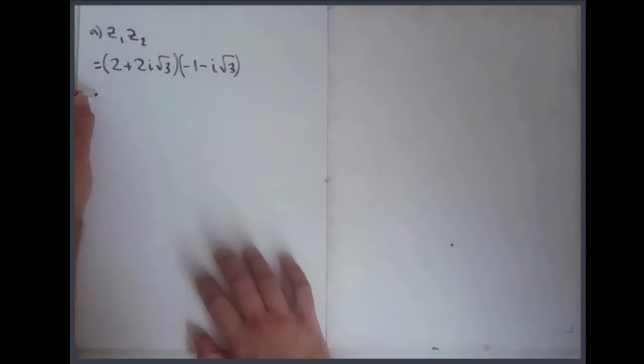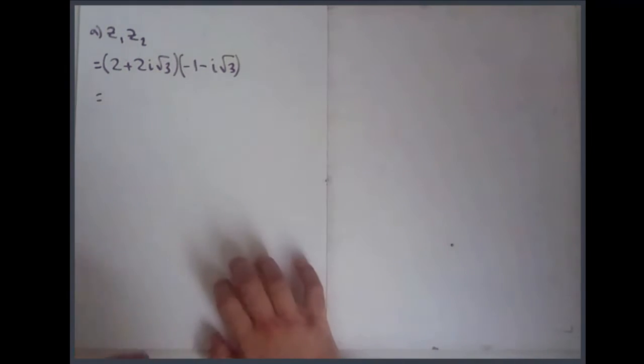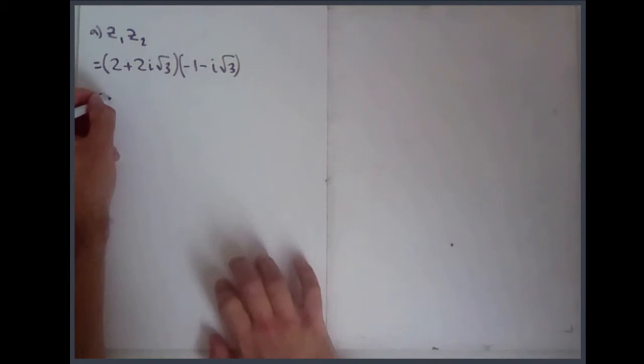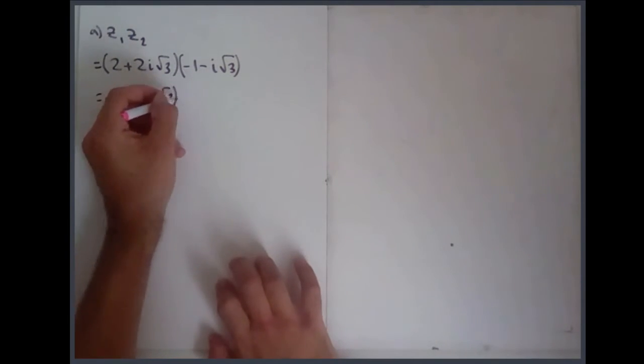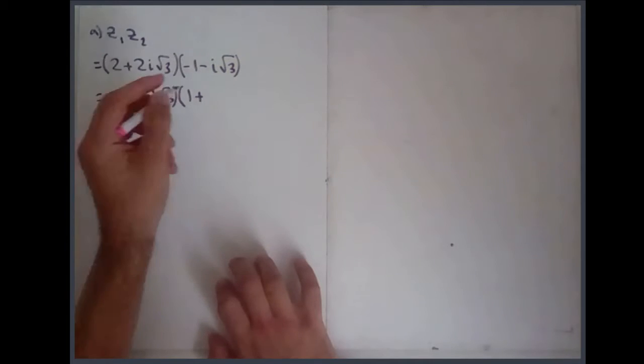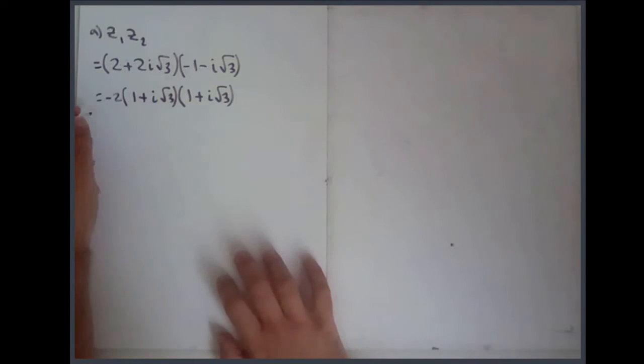Both of those brackets have common factors in them. For the first one you can pull a 2 out, and the second one you can pull a minus 1 out. So that is minus 2 times 1 plus i root 3, 1 plus i root 3. Okay, so then we've got a perfect square.